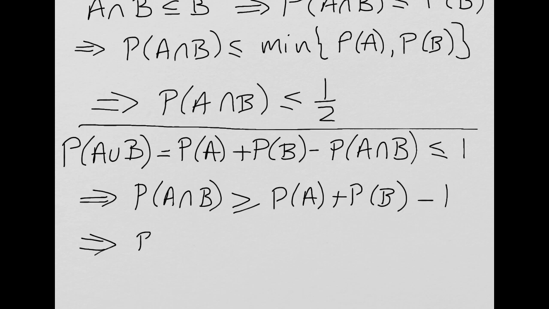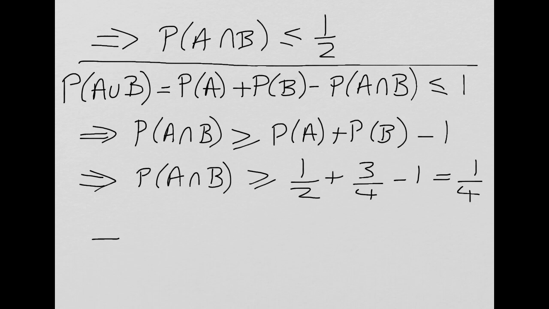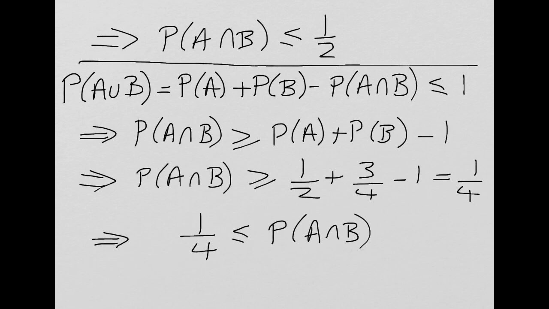So substituting in the values for the probability of A and the probability of B, we see that the probability of A intersect B is greater than or equal to a half plus 3/4 minus 1, which is a quarter. Or in other words, we prove the lower bound. And combining that with the upper bound, we prove part A.